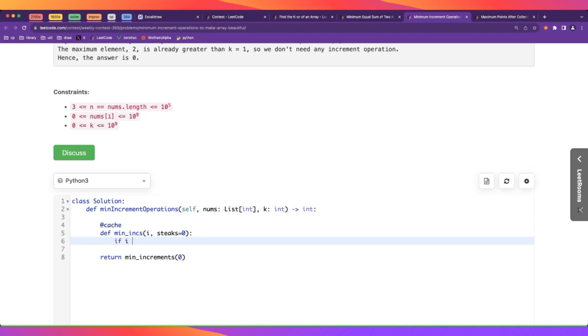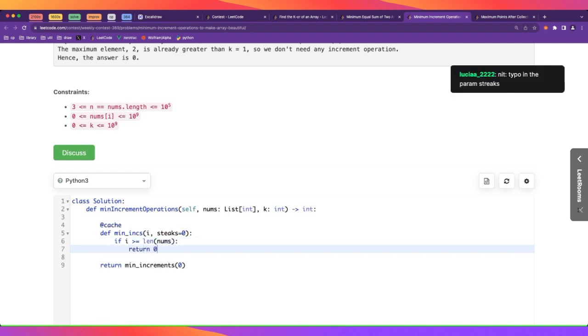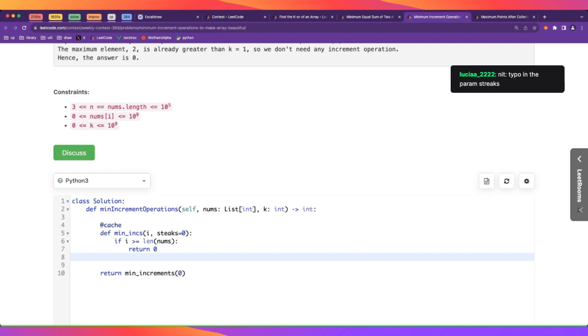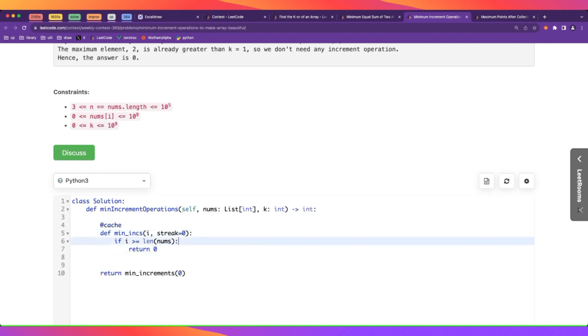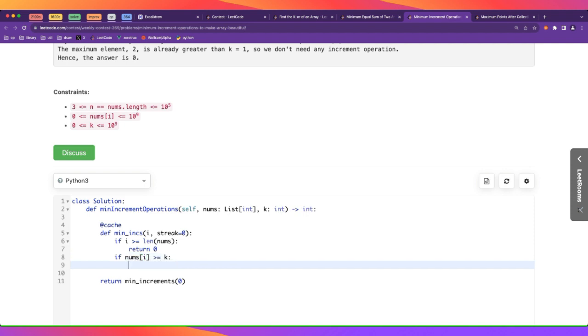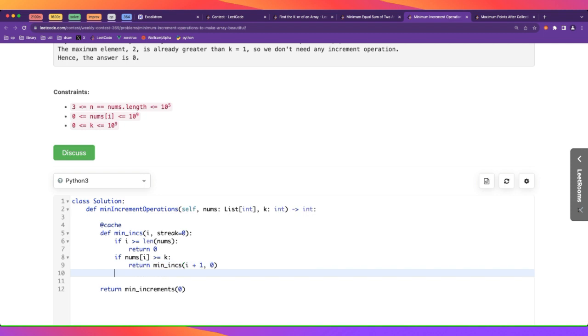So here, we said we return 0. Oh, streak, thank you, it's not plural. Then we have the case where nums of i was greater than or equal to k. In that case, it doesn't make sense to increment, so we just move on to the next and reset the streak.